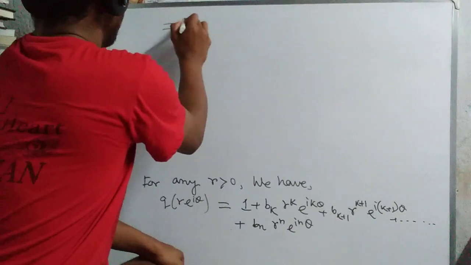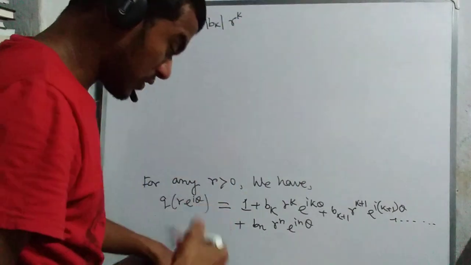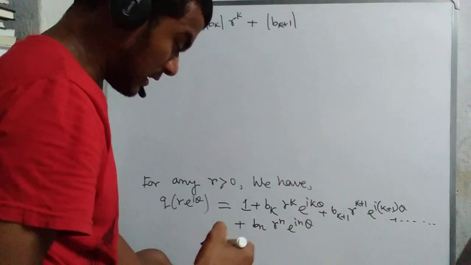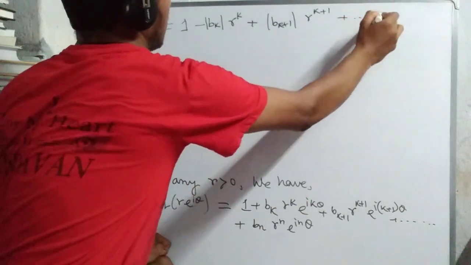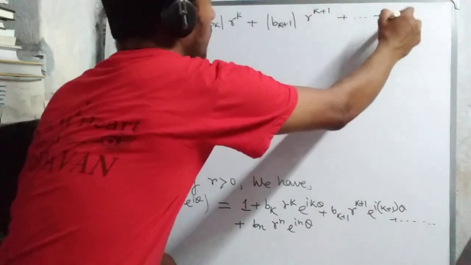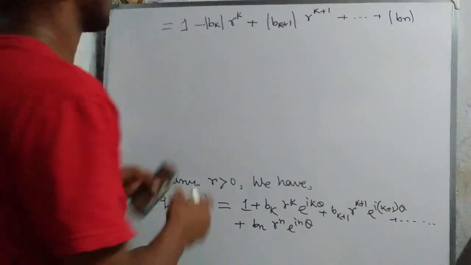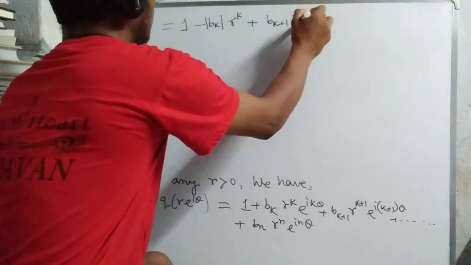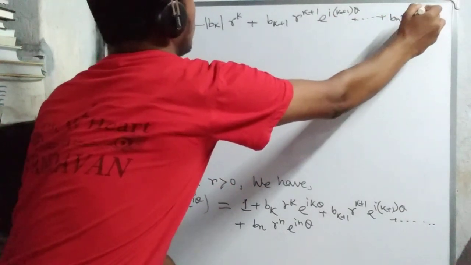Then this equals 1 minus modulus of b_k r^k, plus b_(k+1) r^(k+1) and so on. So we do not put those in; we just put this: b_(k+1) r^(k+1) e^(i(k+1)θ) plus ... plus b_n r^n e^(inθ).